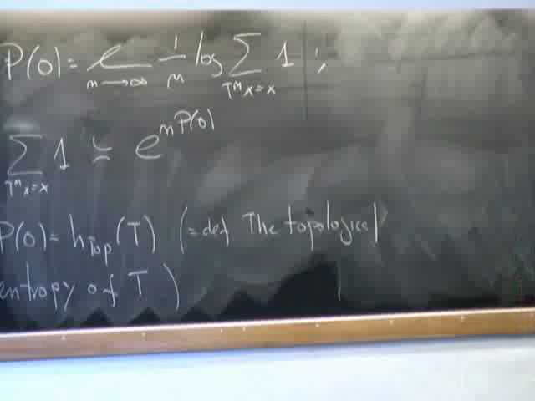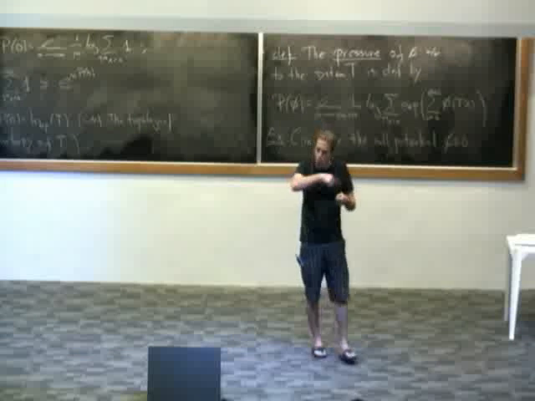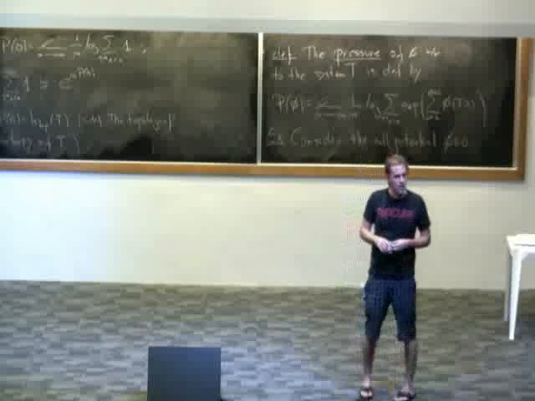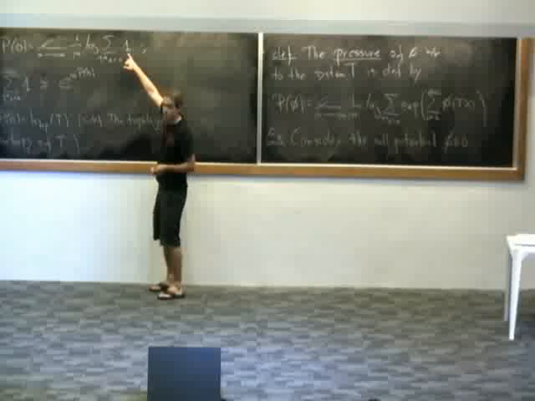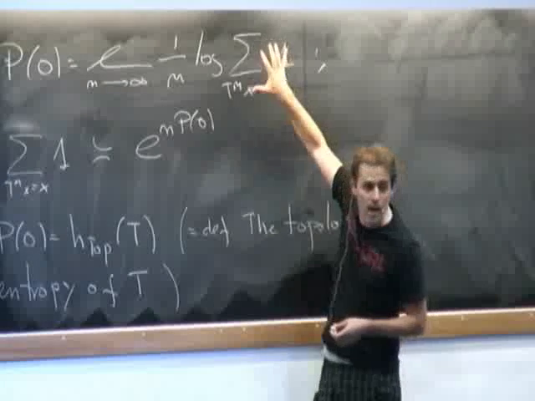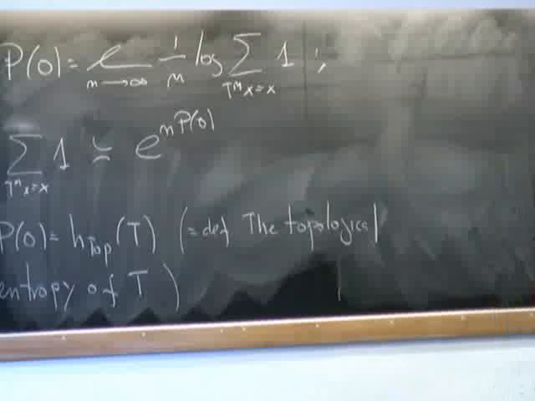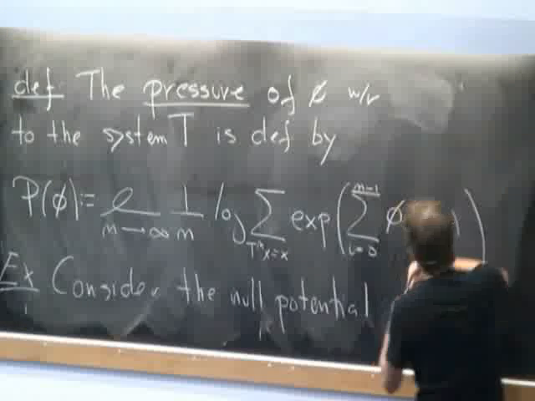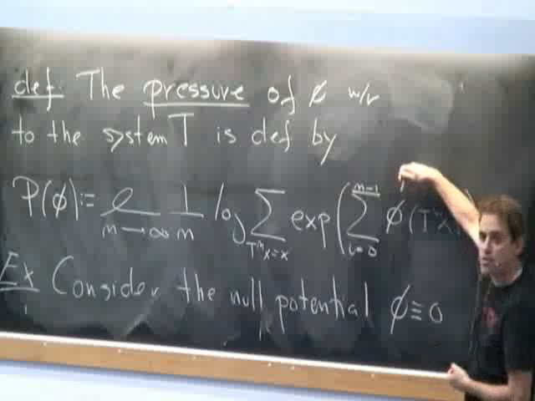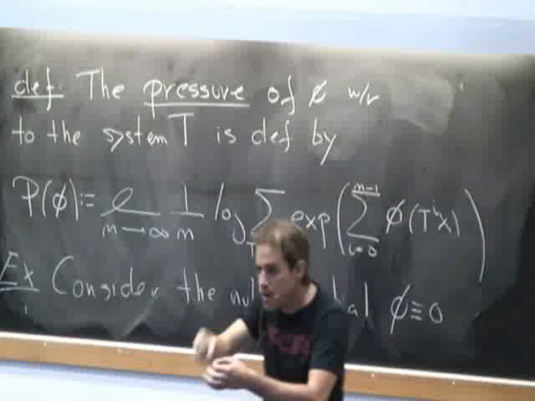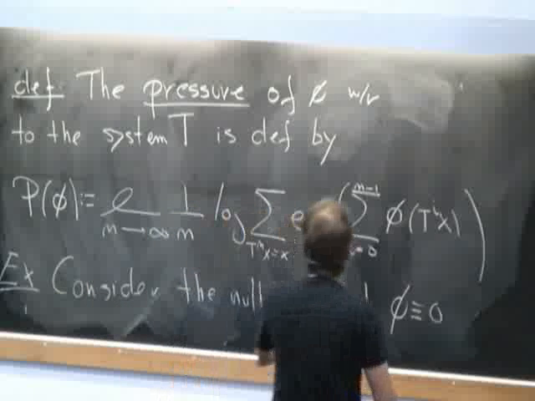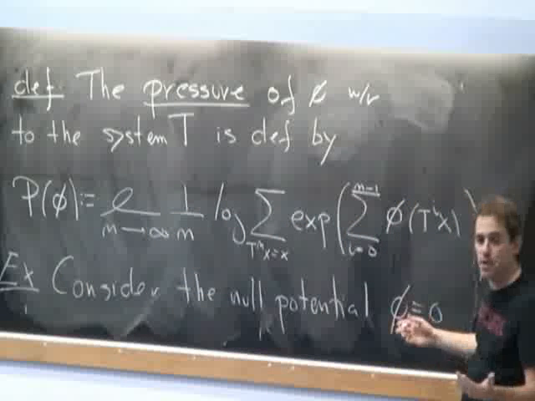You can think of it as some sort of weighted topological entropy. Because instead of counting the number of periodic orbits, which is basically what you have here in this term, what you do is to weight it with the function phi. Okay? So each point in the periodic orbit doesn't weigh exactly the same, but you give it a specific weight given by the function or the potential.